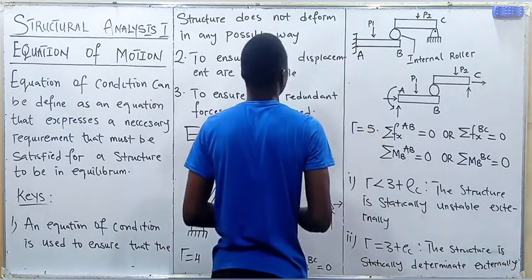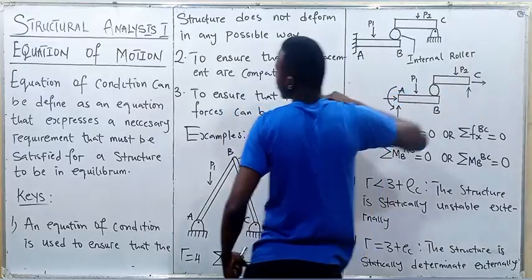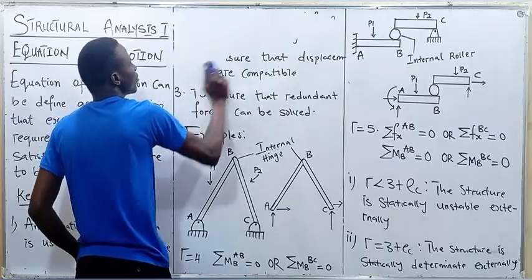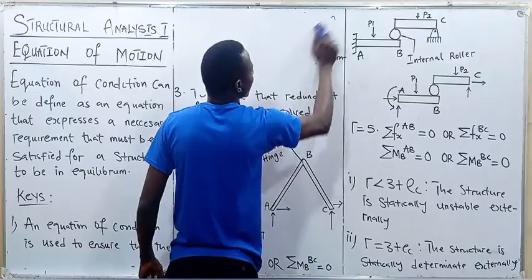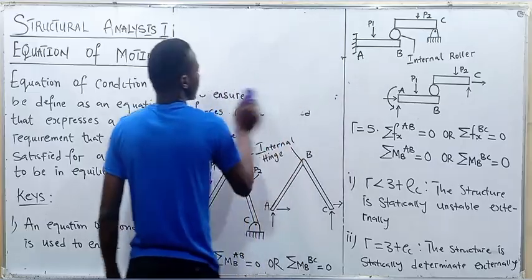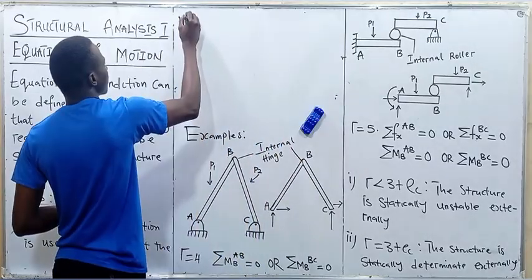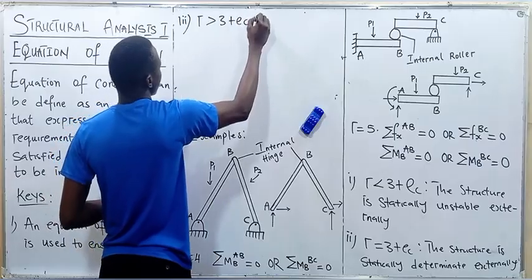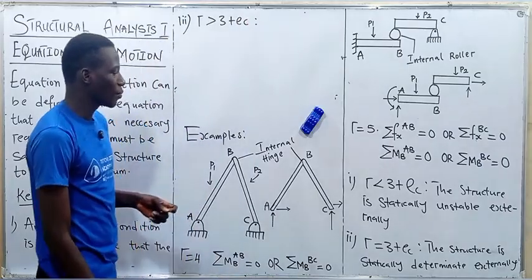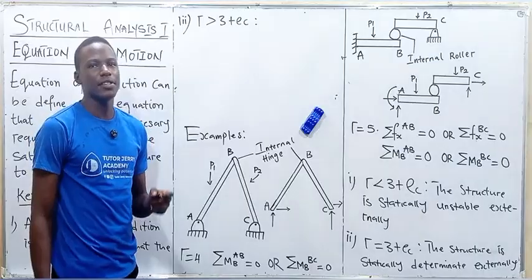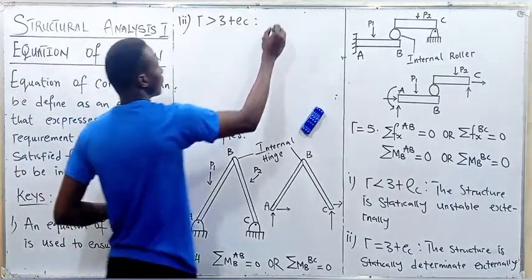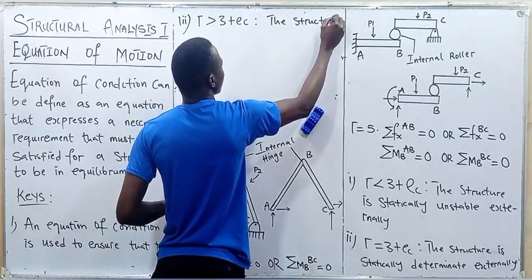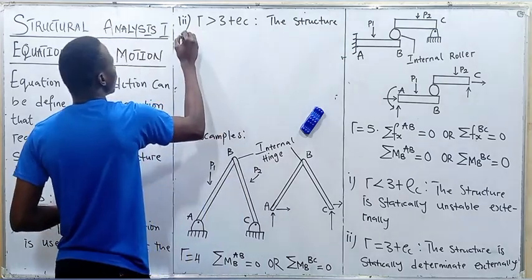All right. Now for the last one, when R is greater than 3 plus EC, what do we have? The structure will be statically indeterminate externally.